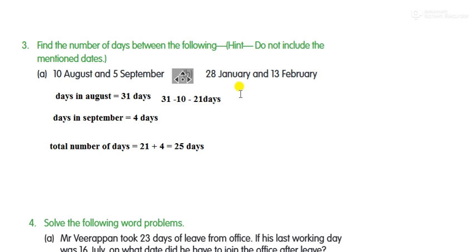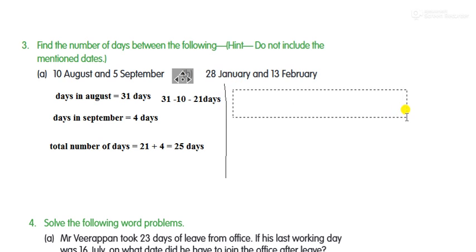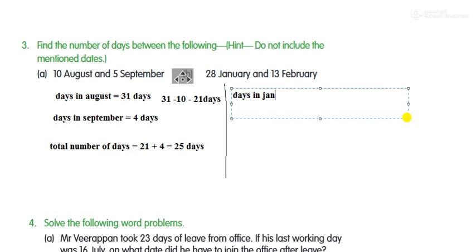Next, 28 January to 13 February. So days in January, days in Jan equals 31 days. 31 days minus 28 equals 3 days.